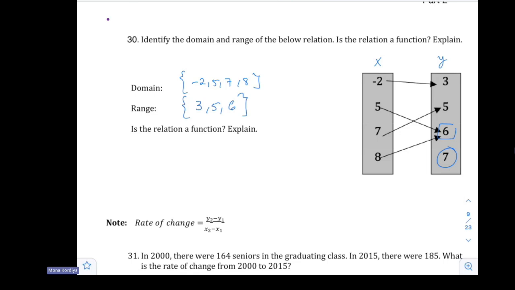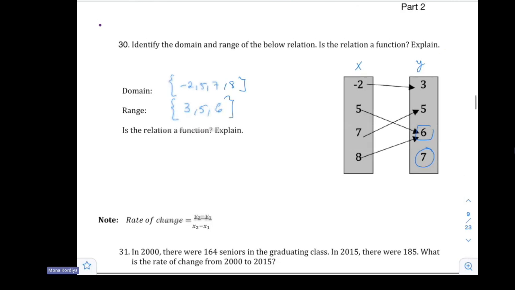Is this relation a function? The relation is considered to be a function if each element in the input is paired with one element in the range. And in our case here, it's very clear that this is the case. So we will say, yes, it is a function because each input is paired with one output.